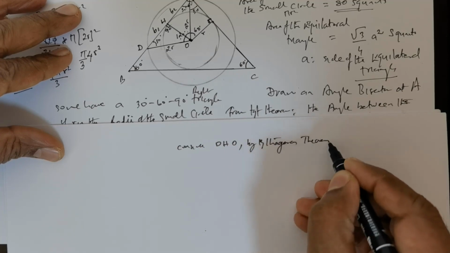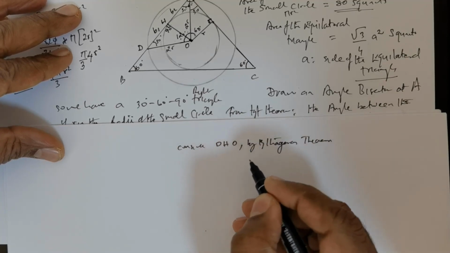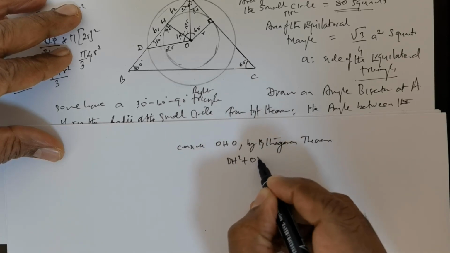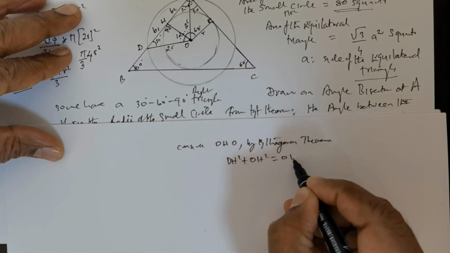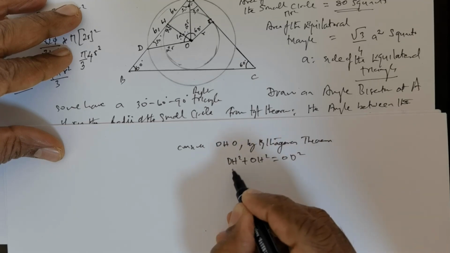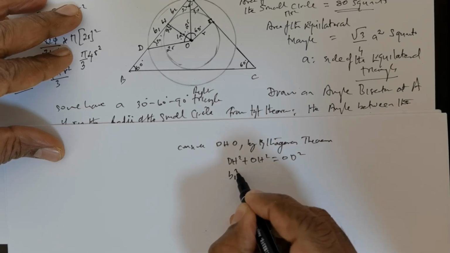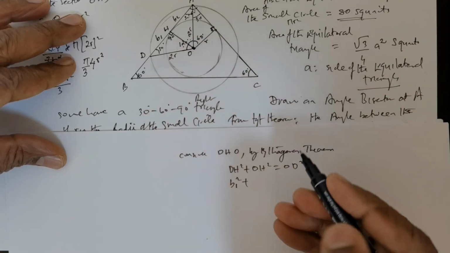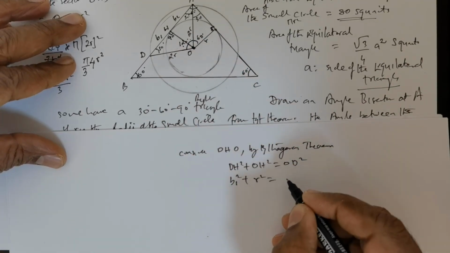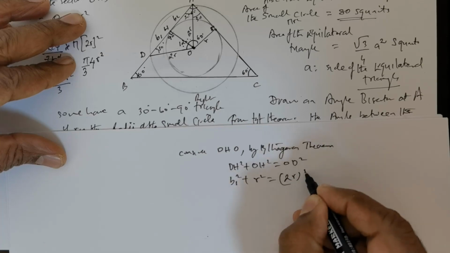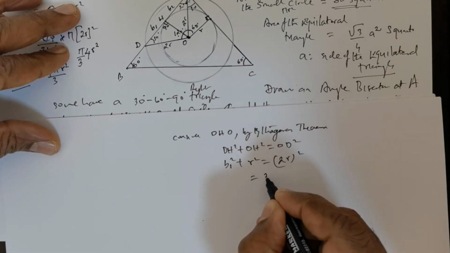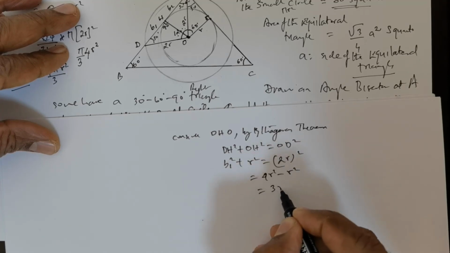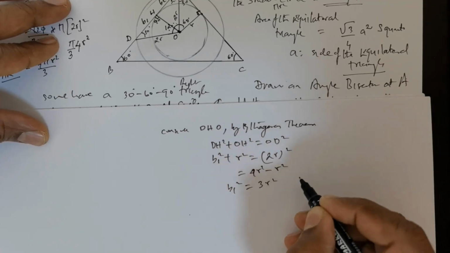So by Pythagoras theorem, what do we get? DH squared plus OH squared is equal to OD squared. DH squared is b1 squared, OH squared, that is the radius of the smaller circle, that's going to be r squared, and OD squared is 2r squared. So this is equal to 4r squared minus r squared is equal to 3r squared, which equals b1 squared.